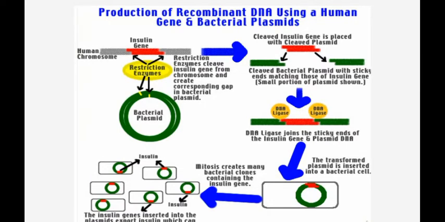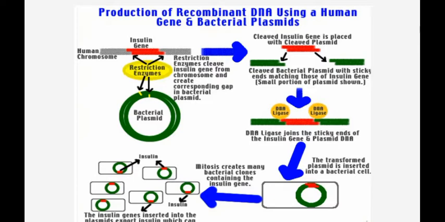See, production of recombinant DNA using a human gene and bacterial plasmid. Example, a human chromosome is taken. In that chromosome we want an insulin gene. Okay, then near the insulin gene we apply restriction endonucleases.